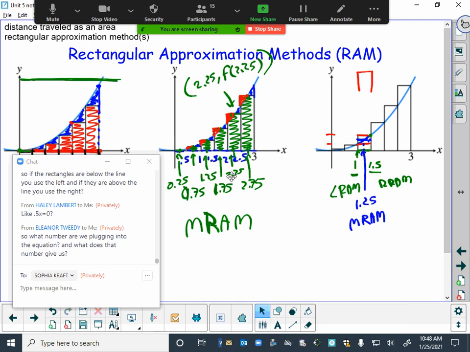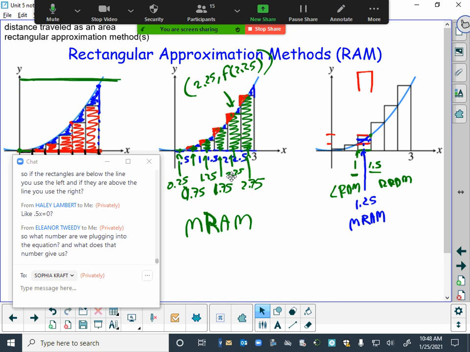So the number that we're plugging in is some number, in this example, between 1 and 1.5. It could be 1, it could be 1.5, it could be any other number in between those, because we know that when we put those numbers into the function, we will get an output that is in the right range for approximating how tall we should make the rectangle.